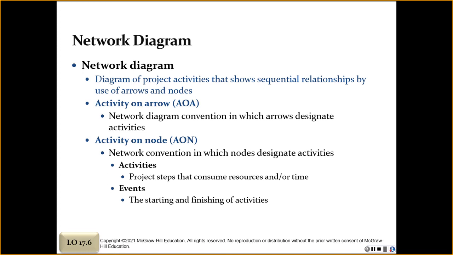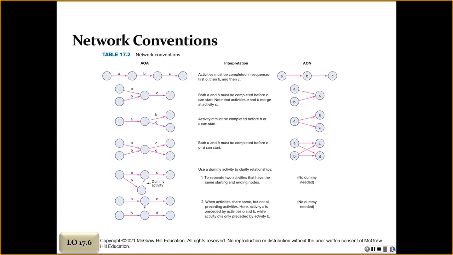There are two slightly different conventions for constructing network diagrams. The first one is activity on arrow, which would be better if you see it. Here the activity, A, B, C, is on top of the arrow.